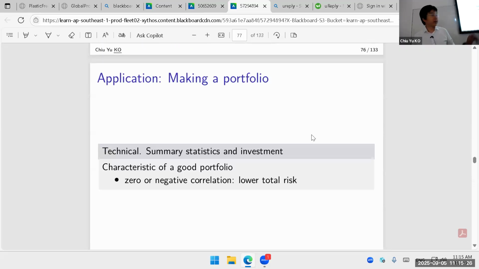Lastly, I want to mention this. If you learn finance very soon, why do we care about correlation? Because if you have a fund portfolio with low correlation between individual investments, the total variance drops. Later you learn this in topic 2 and topic 3, about variance.